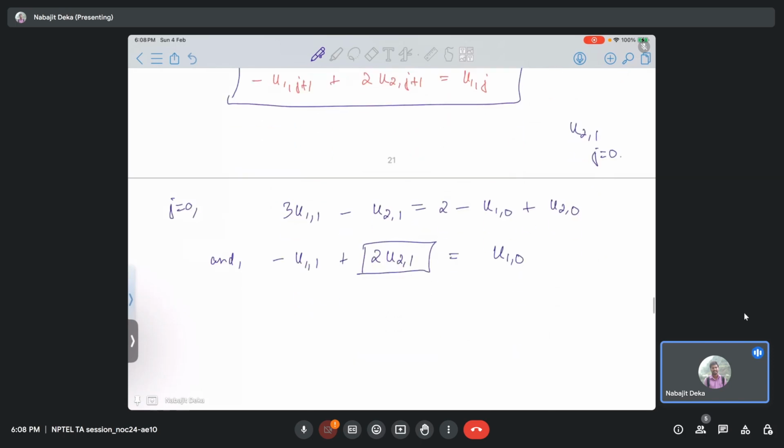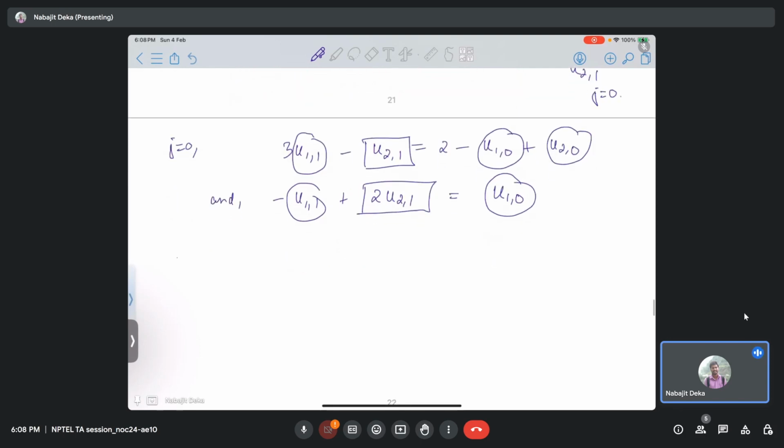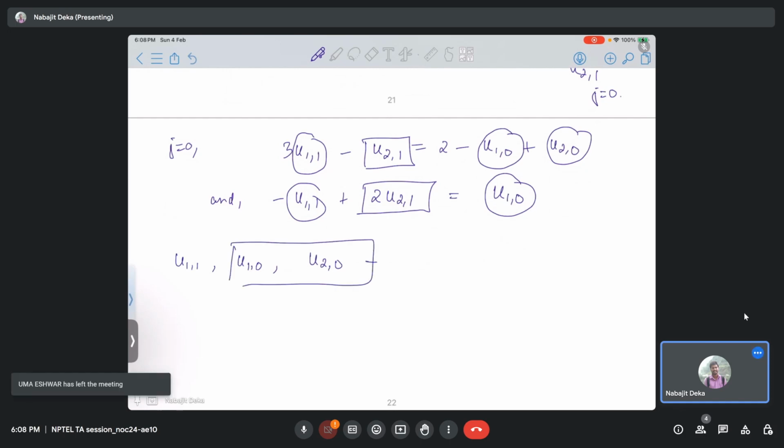So we have to find the terms. We have to find the circled terms to get this u2 comma 1. So we have to find u1 comma 1, u1 comma 0, u2 comma 0, right? So u1 comma 0 and u2 comma 0 basically come from the initial condition, because j equal to 0 is the initial condition.